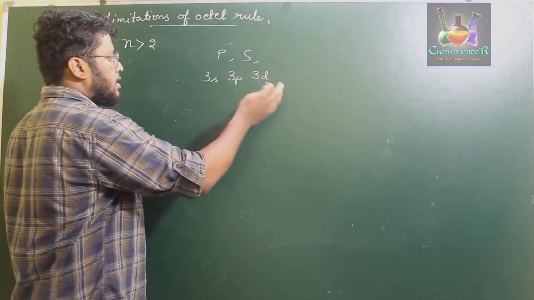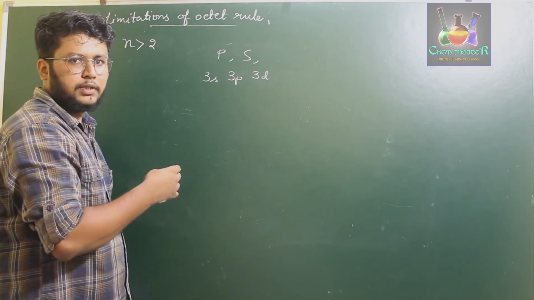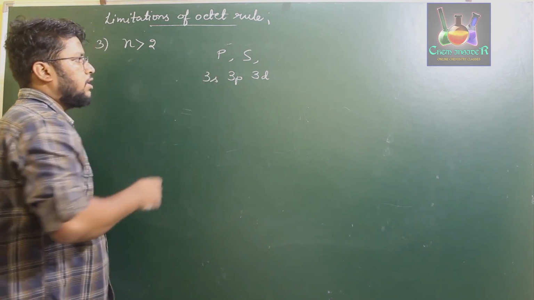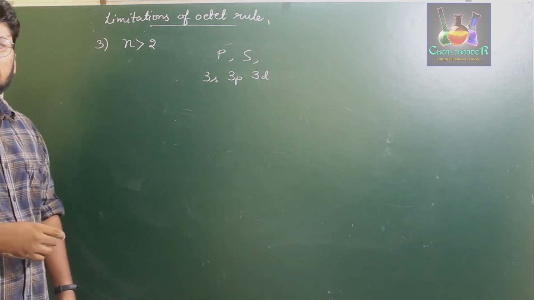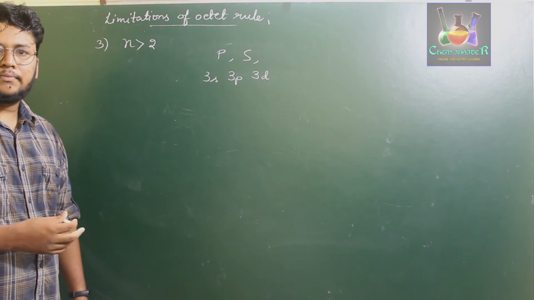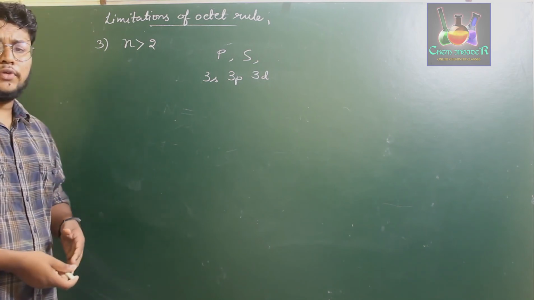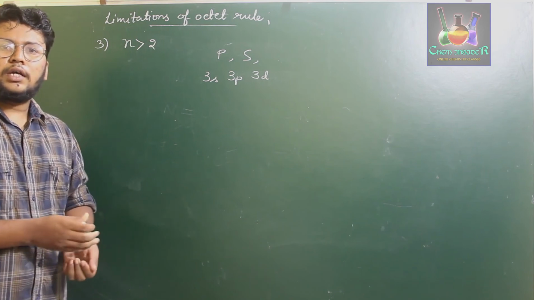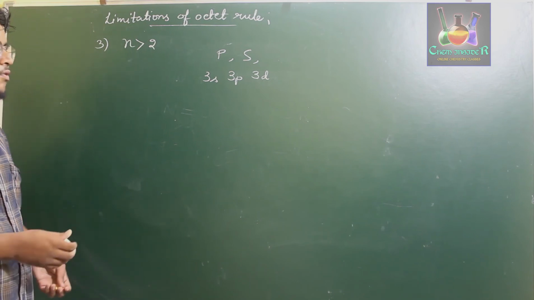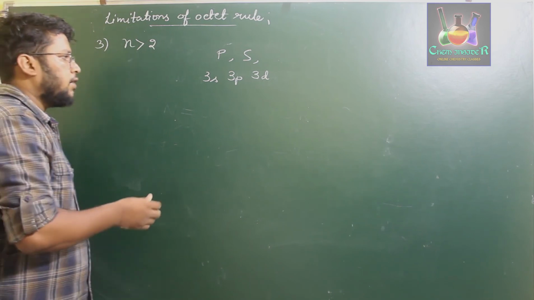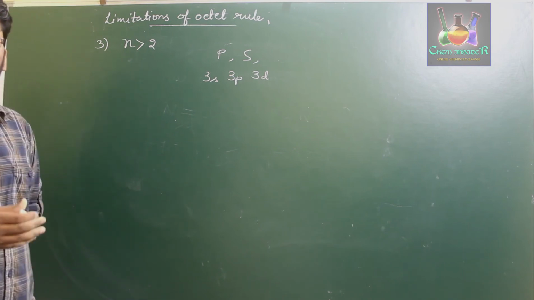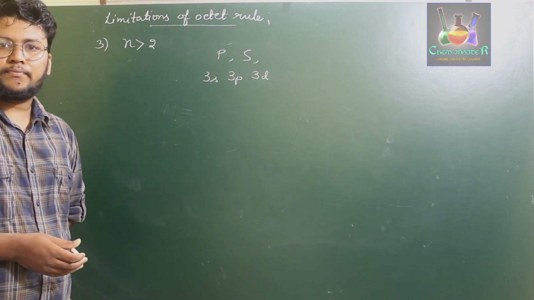So their valence electrons will be more than 8 in certain cases. Like phosphorus, which is of atomic number 15, will carry 15 electrons. That means it will have more than 8 valence electrons in them.